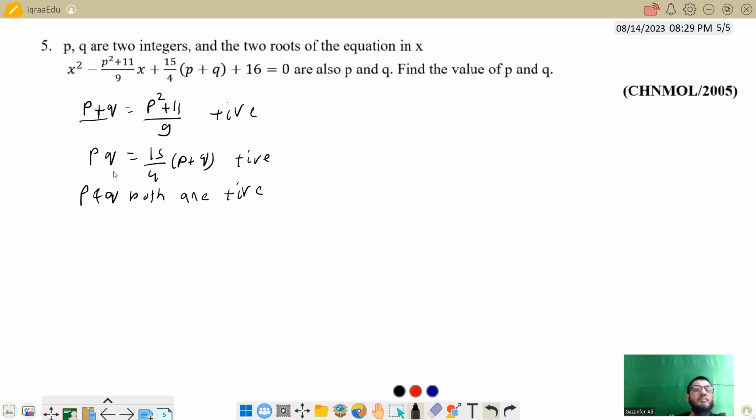Now let's go and solve this equation. 4 times PQ minus 15P minus 15Q is equal to 0. Sir, you missed plus 16.